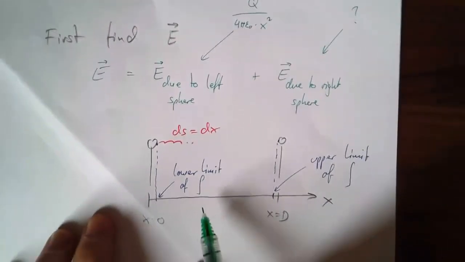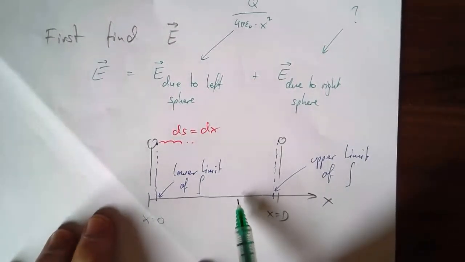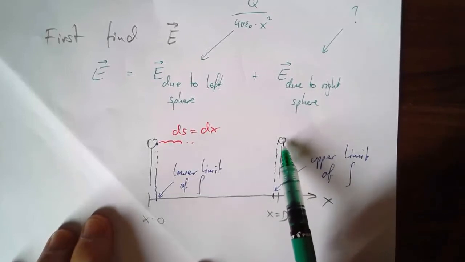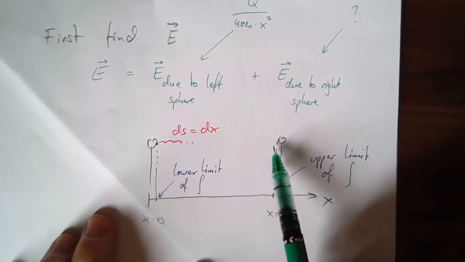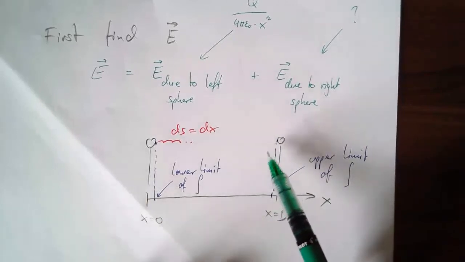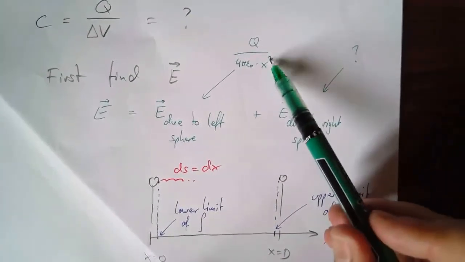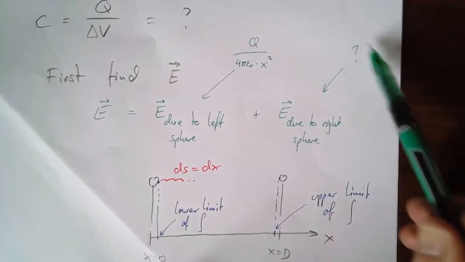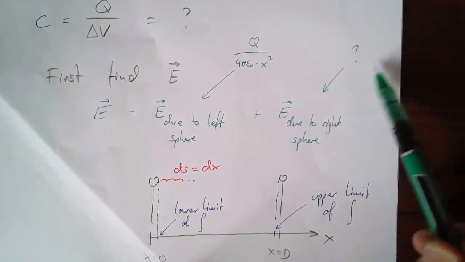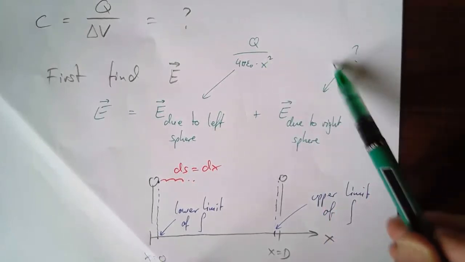Notice that the value of your x position, if this is x equals 5 here, doesn't mean 5 is going to be your distance from the center here. So you want to first express the distance from the center of this sphere in terms of x, and that's the thing you plug in to the corresponding expression here.